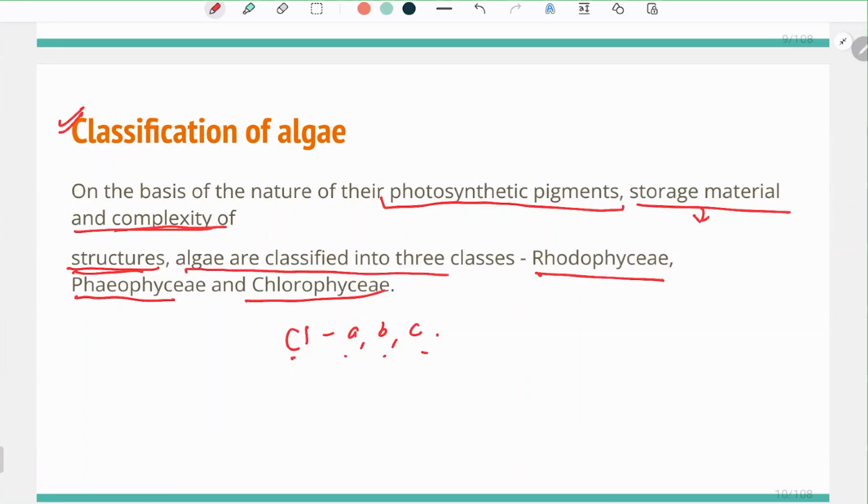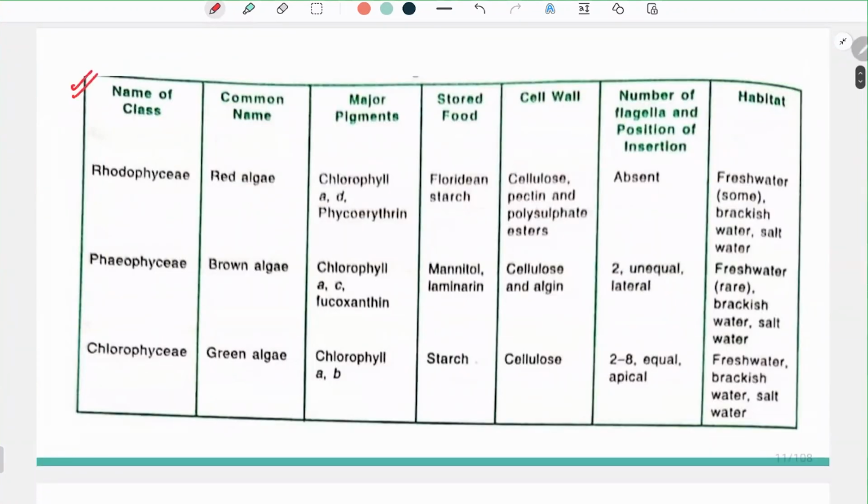We can easily remember which class bears which pigment, the form of stored food, the cell wall structure, the number of flagella in the gamete, and the habitat. So we know that there are three classes.